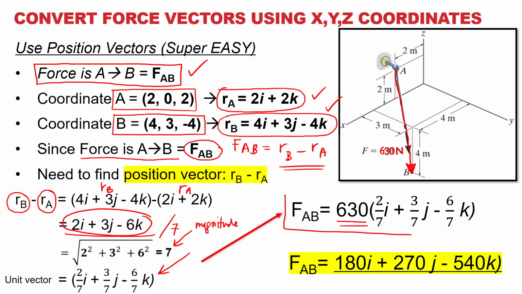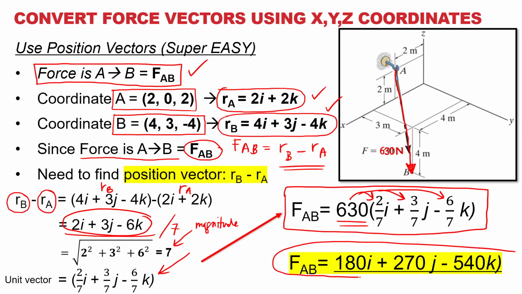This is still not final, but this is already acceptable. To make your life easier, you multiply by the i, j and k values, and you're going to be left with this one. The methodology is straightforward and very simple. The only important thing is you need to make sure your coordinates are correct.